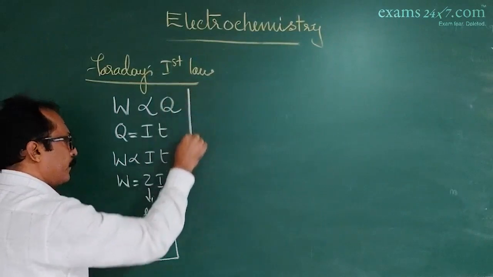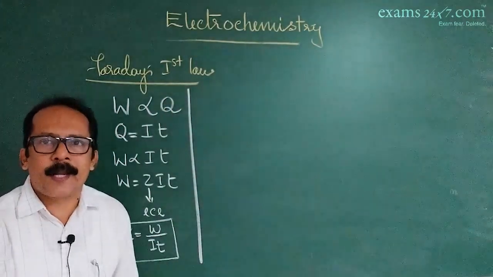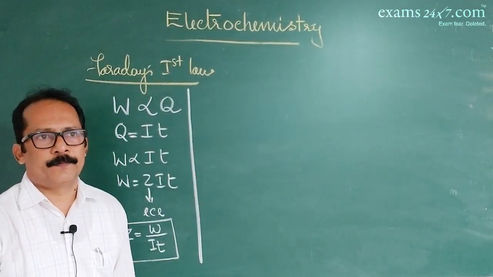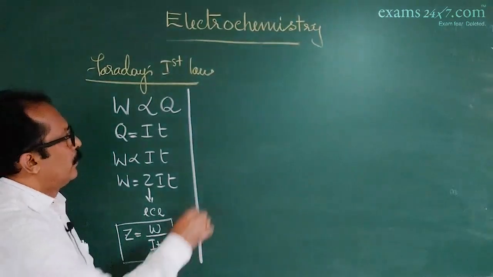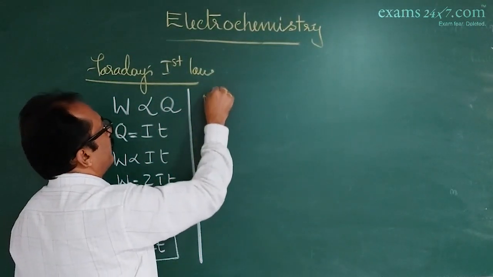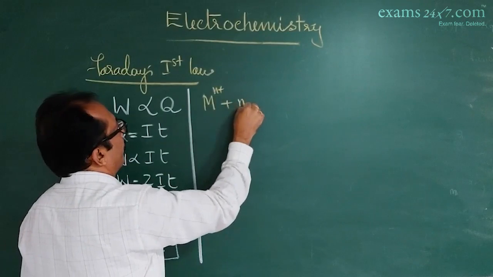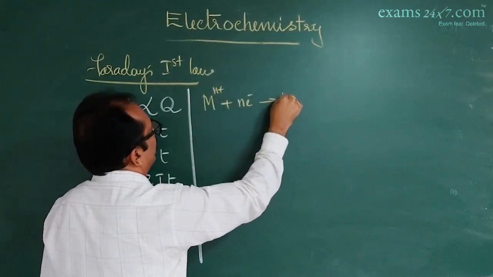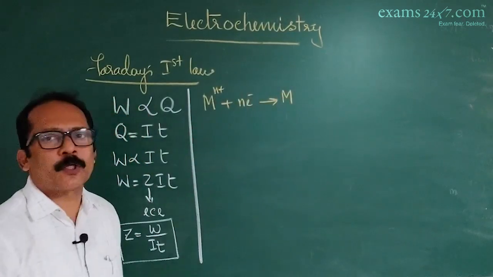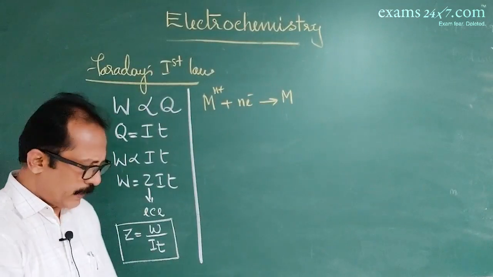Now, when a metal ion undergoes reduction, for example, it requires n moles of electrons.